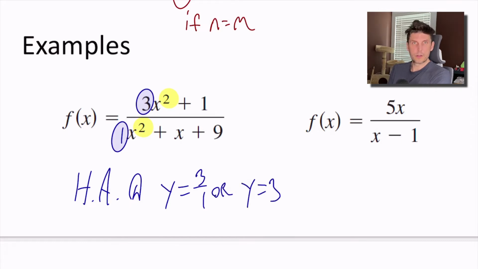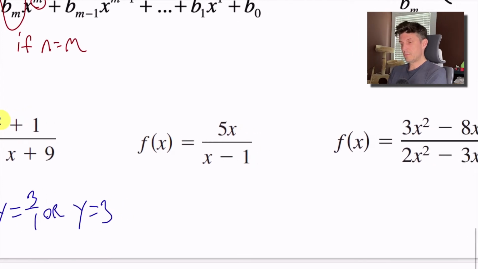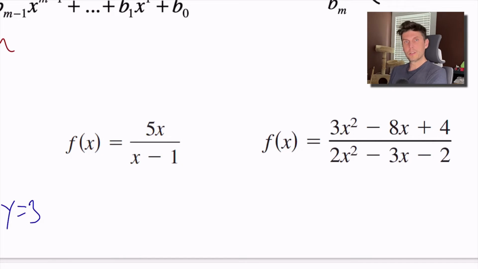Why don't you pause the video now and see if you can figure out the end behavior model or horizontal asymptotes for the next two. Okay, welcome back. All right, so the next one, degree of numerator is 1, denominator is 1.